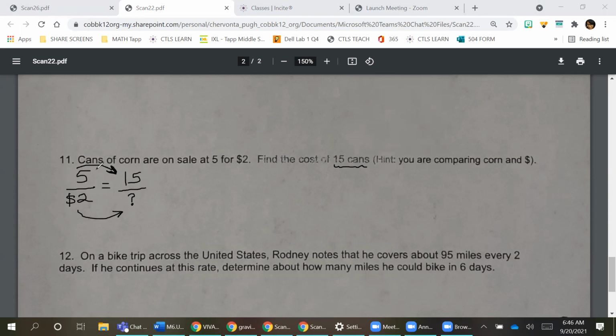I'm going from 5 to 15 by multiplying by 3. So that means down here, I must also multiply by 3. And 2 times 3 is 6. So cans are on sale for $5 for $2. Find the cost of 15 cans. 15 cans cost $6.